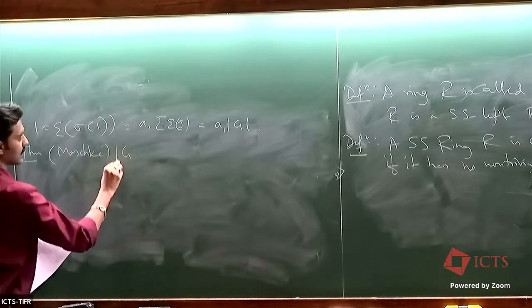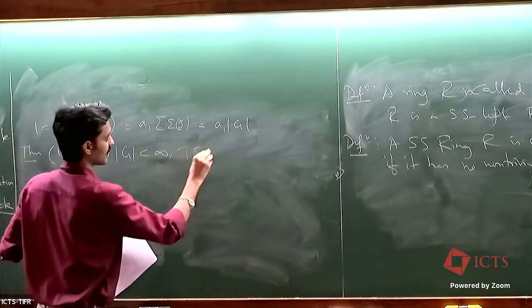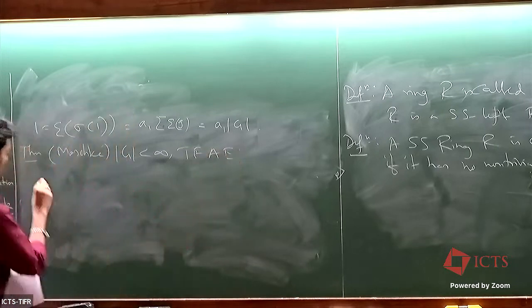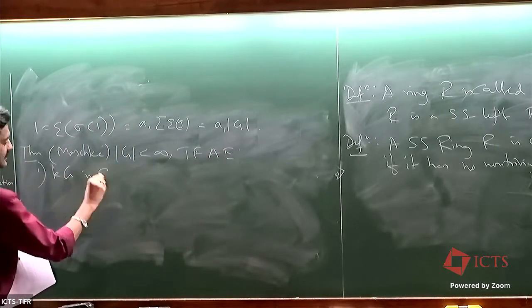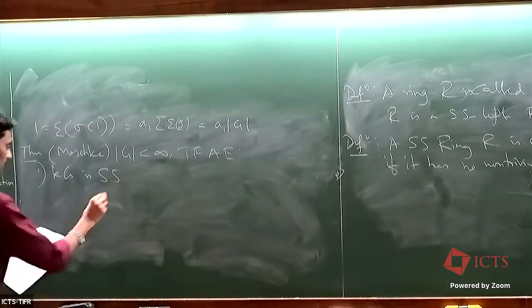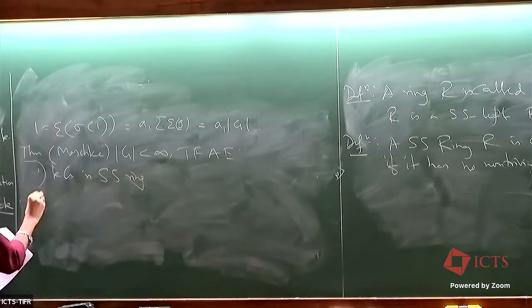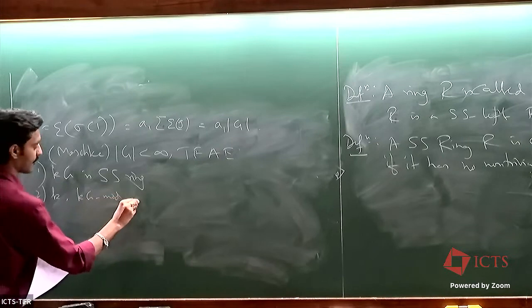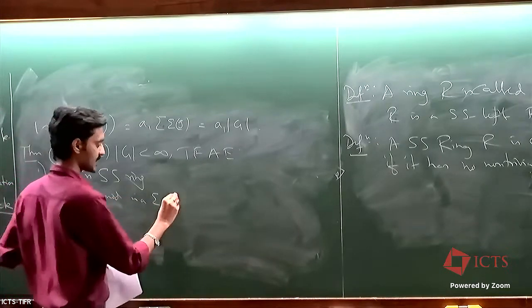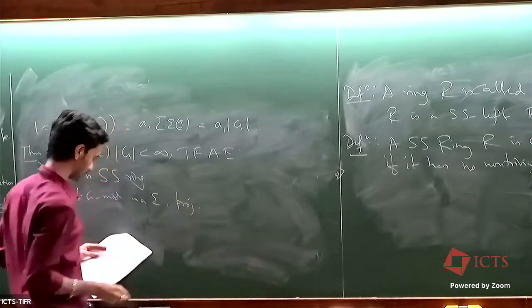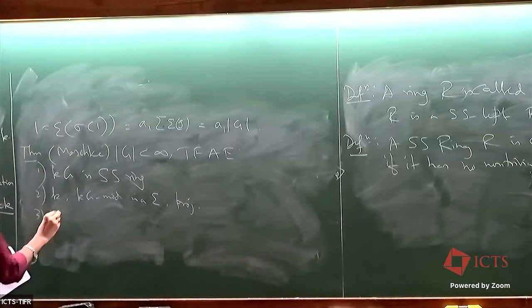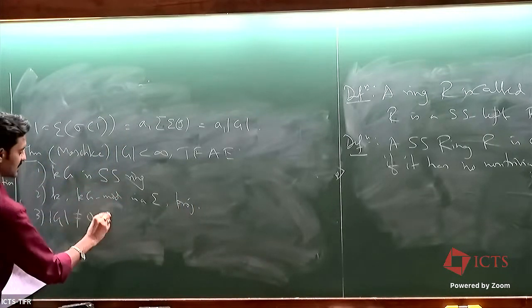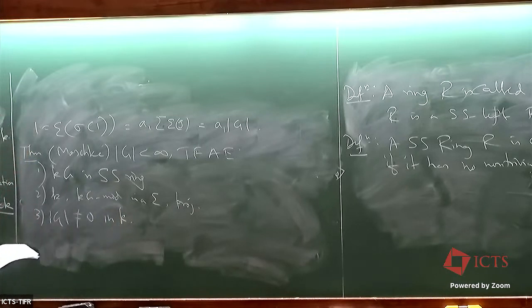This says that for a finite group G, the following conditions are equivalent. Number 1, KG is a semi-simple ring. Number 2, K as a KG module via the augmentation map epsilon is projective. And number 3, the order of G is non-zero in K. Again, for the proof, 1 to 2 follows from the property of semi-simple rings.